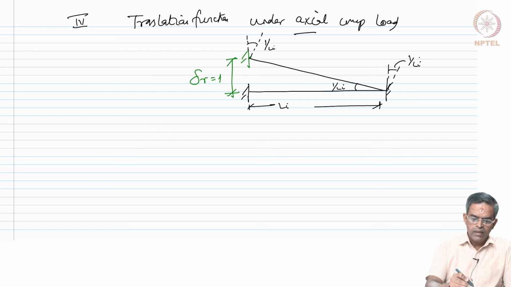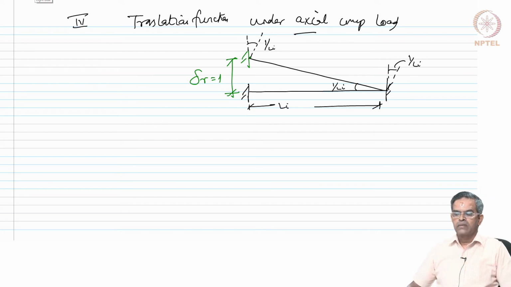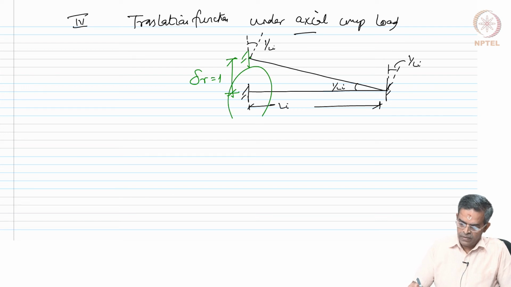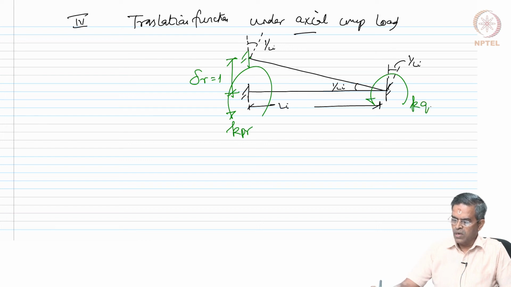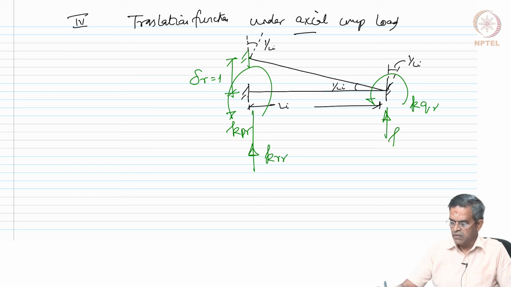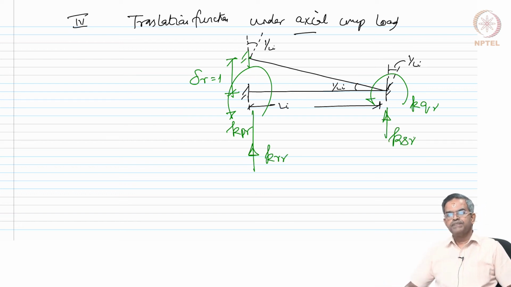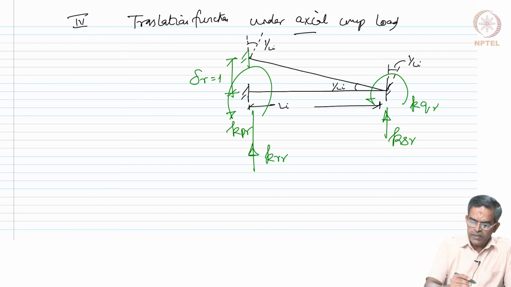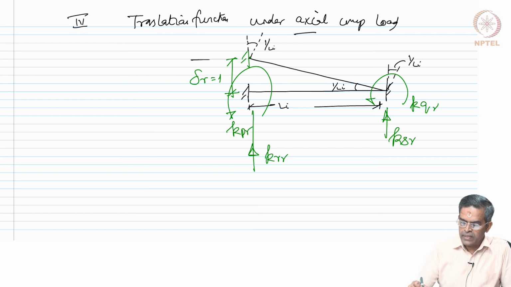Let us now mark the moments and shear causing this. So, this will be KPR, this will be KQR, and this shear will be KRR, and this shear will be KSR, is it not?